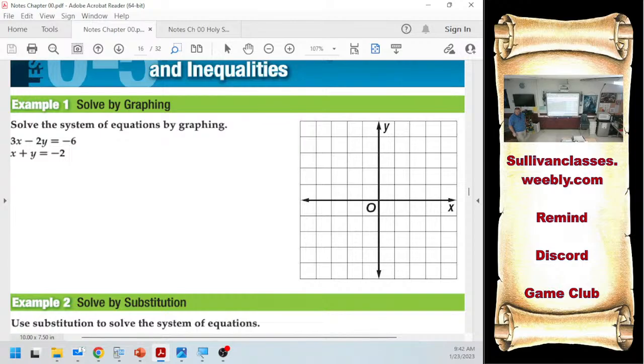Graph those 2 lines, please. Graph the lines. You okay? Graph the lines.